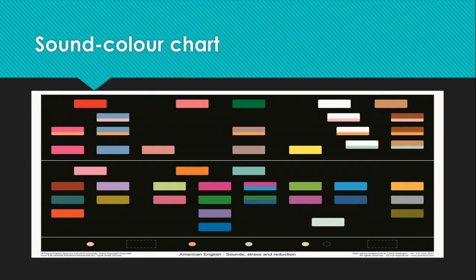This is a picture of the sound color chart. Now in the very beginning stage, the learners are taught to associate a particular sound with a particular color. So, in this way, even before they have learned the language, they know the sounds of the language.